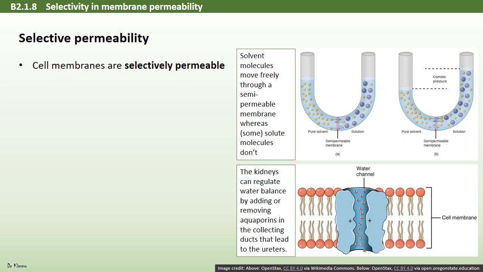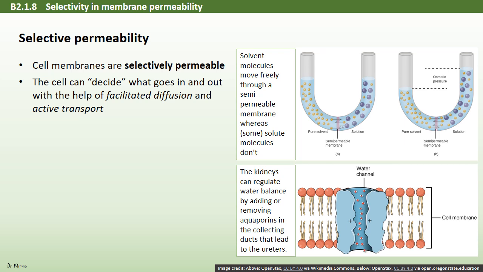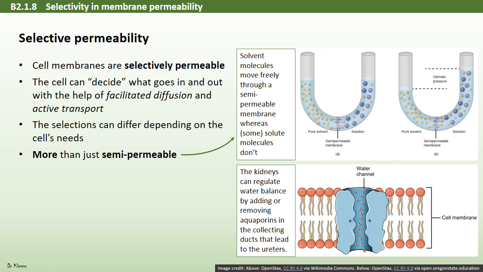Cell membranes are selectively permeable because, as you know by now, the cell can decide what goes in and out with the help of facilitated diffusion and active transport. The selections can differ depending on the cell's needs. This is more than just semi-permeable, where some particles spontaneously go through and some don't, because of their size, for example.